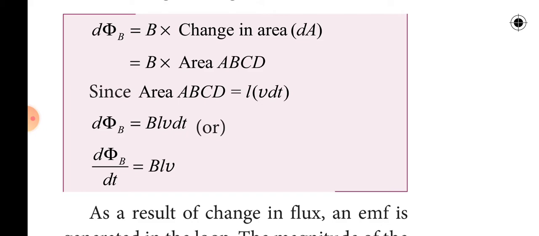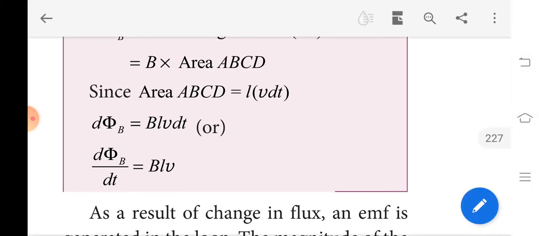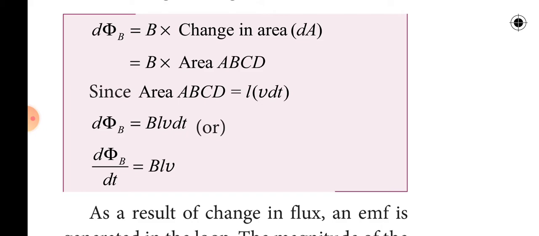Since area ABCD is length into the distance moved, which means the rod moves left with a velocity V in the time duration dt, d phi B can be written as B into L into V into dt. Dividing both sides by dt, d phi B by dt equals BLV dt by dt, the dt terms cancel, so d phi B by dt equals BLV.